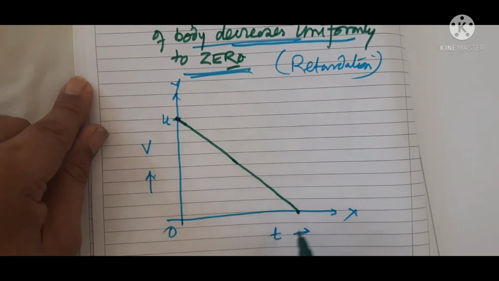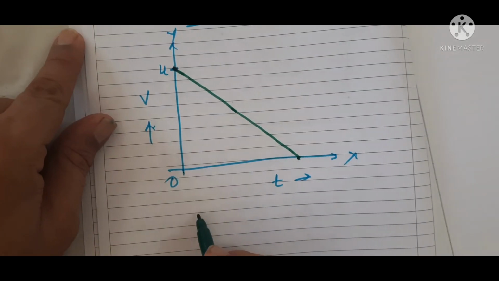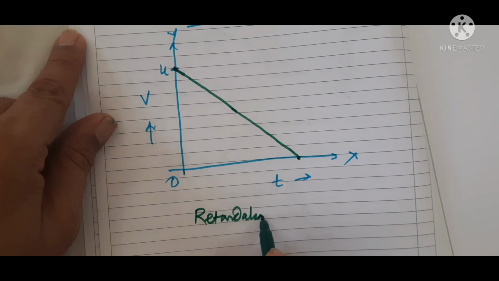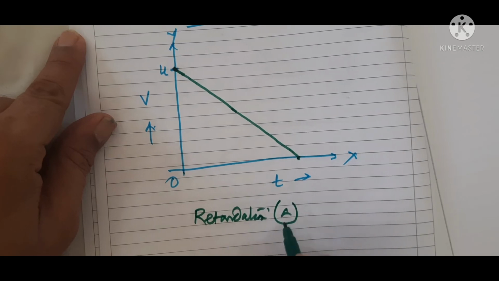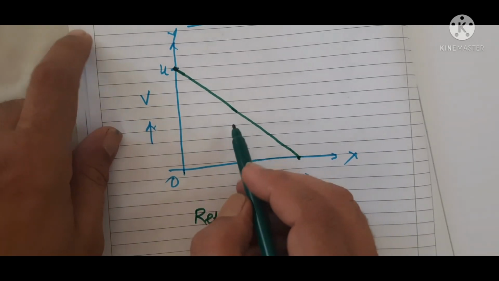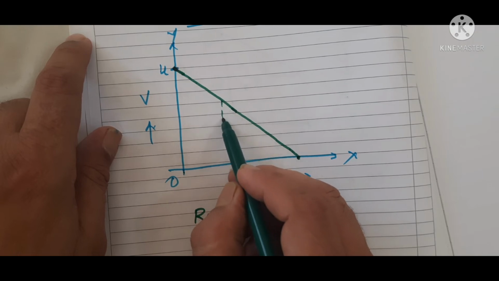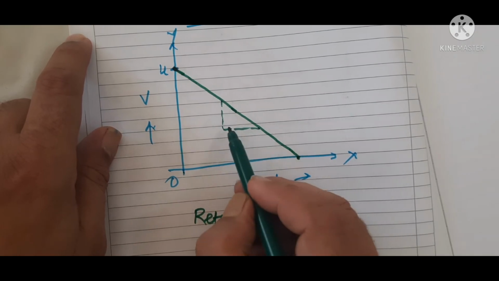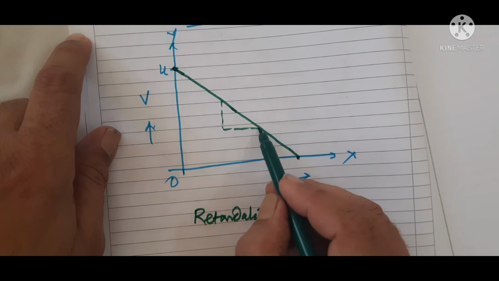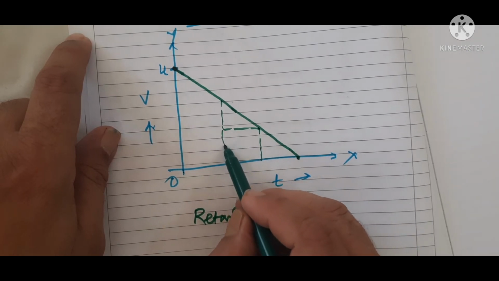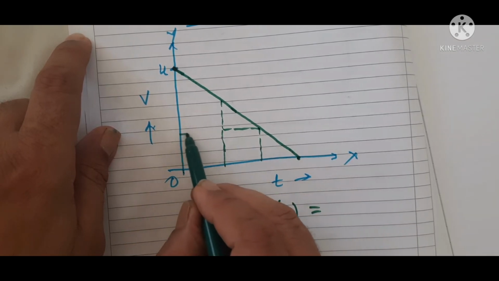Now in this particular case, if anyone is going to find what is the value of retardation, निकालना means negative acceleration, then again you have to find out the slope. Either you have to choose any 2 points and drop the perpendicular like that.